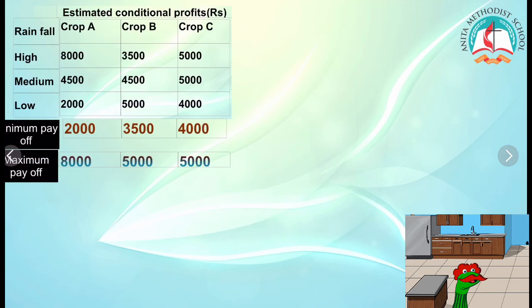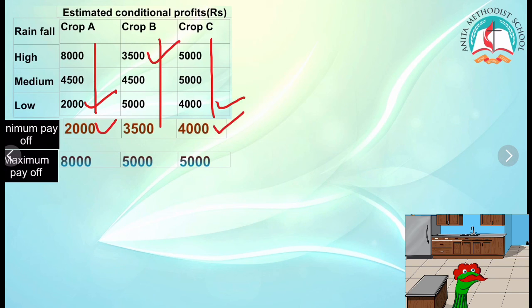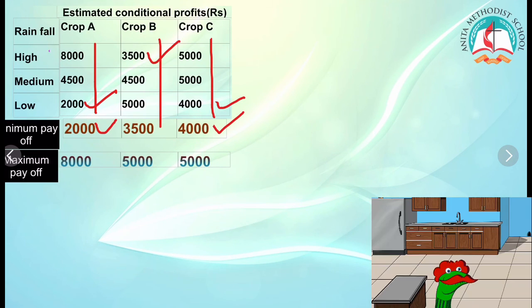Now look at the solution. Find out the minimum, which is the minimum number here, 2,000, and here the minimum number is 3,500. Here it is 4,000, and coming to the next one, which is the maximum number, 8,000, 5,000. Again here two numbers are maximum, so you take any one of the numbers. Okay, 5,000.